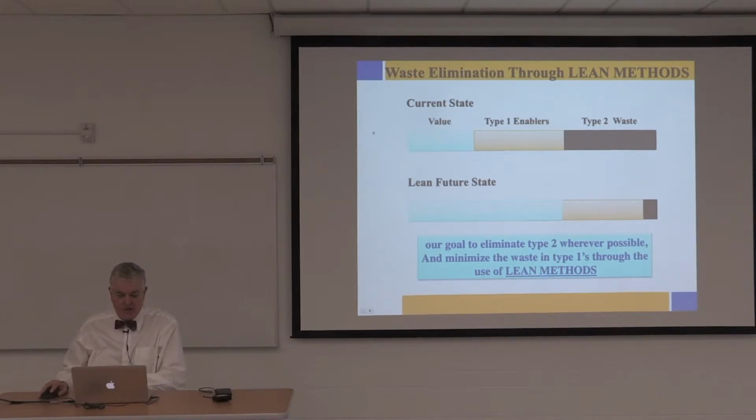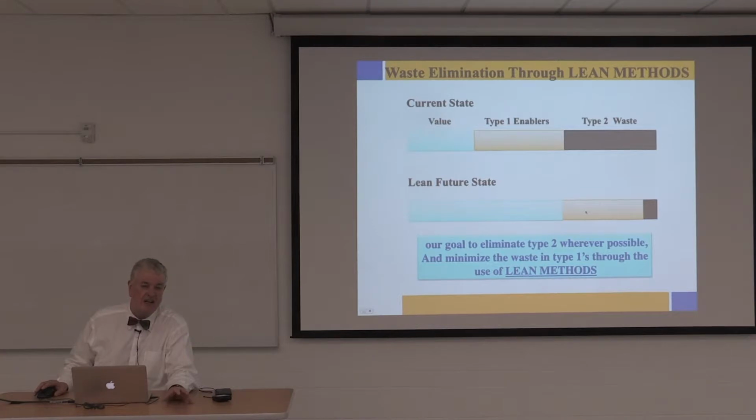So, waste elimination through lean. Current state: this is the value added, this is the enabler, and this is complete waste. What you have in a future state lean is much more activities that are truly value added, the high value. What would you have engineers doing? Calculations and design and testing and so on of the product before it's ever built. And here are the enablers.